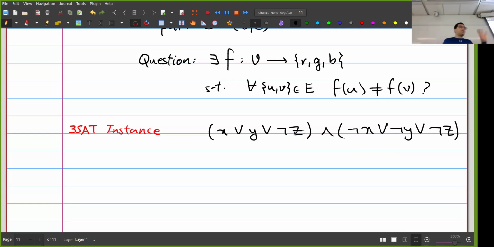I change this instance to an instance of the other problem, and then I say there is a relationship between the solutions. If someone has a solution to that problem, I can change it back to a solution here. So somehow I have to create a graph such that if someone gives me a 3-coloring of that graph, I can use that 3-coloring to satisfy this formula. This is intuitively what I have to do.